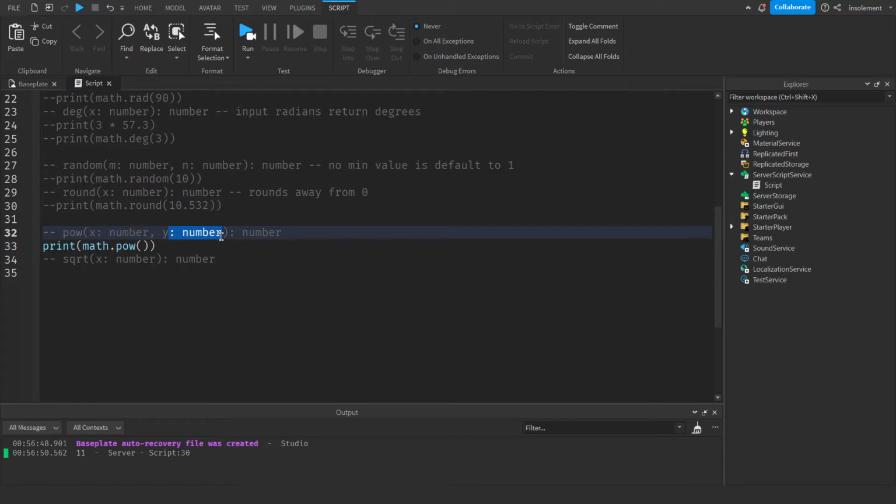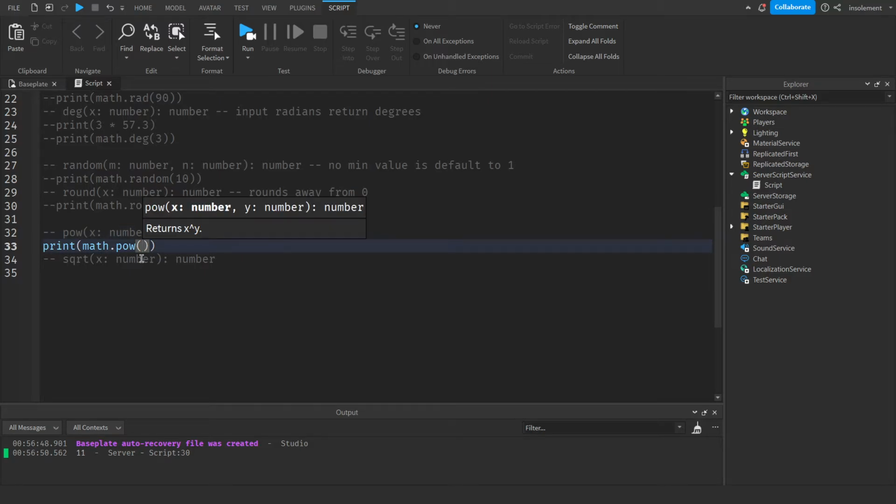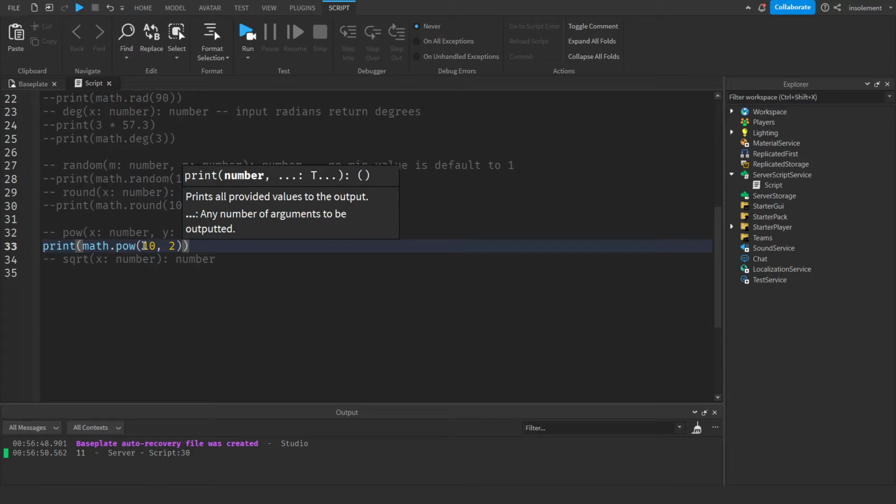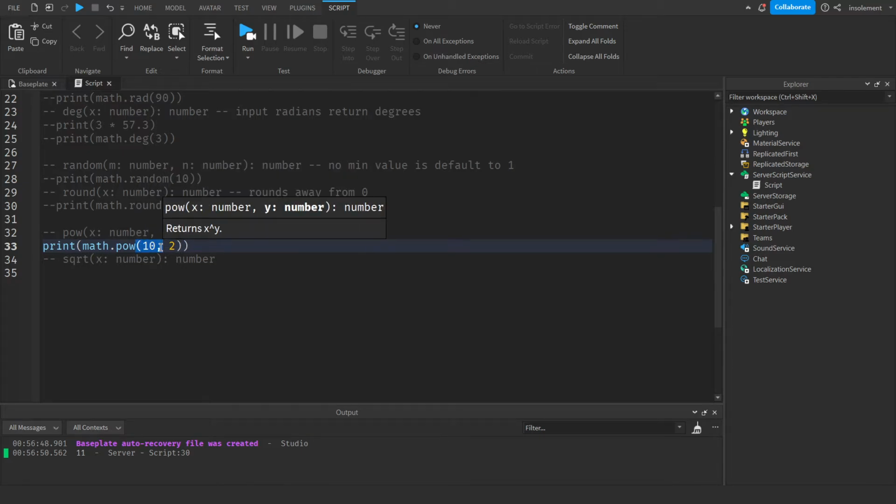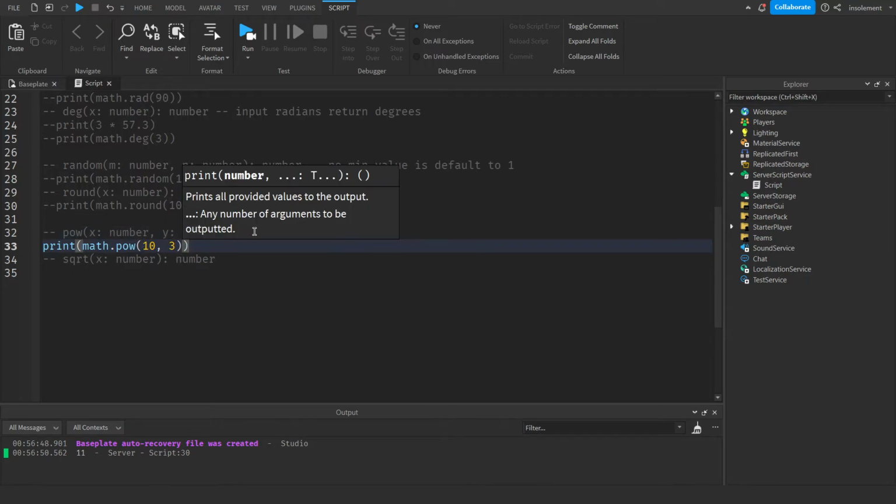The second number is going to be our exponent, and it will return to us the calculation. So if we did 10 and 2, 10 times 10 is 100, right? Because 10 squared is just 100, right? If we did 3, this would be 1,000, because 10 times 10 times 10 is 1,000, right?